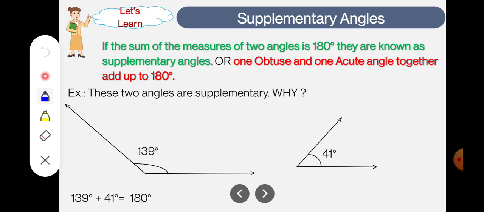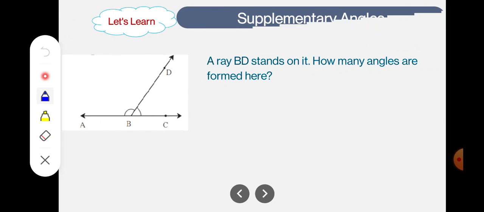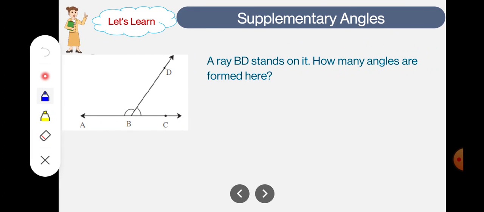Now see this example and this figure. Here, a ray BD is standing on a straight angle ABC. How many angles are formed in this figure? Two angles are formed: the first is angle ABD and the second is angle CBD.